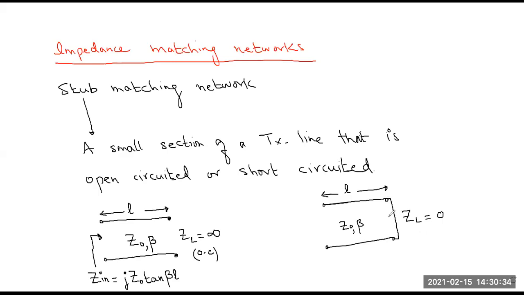Now this is a short circuited load. What will be the impedance between the input terminals of this line? Using the input impedance equation that we have covered in this course, from that equation we will get this result.